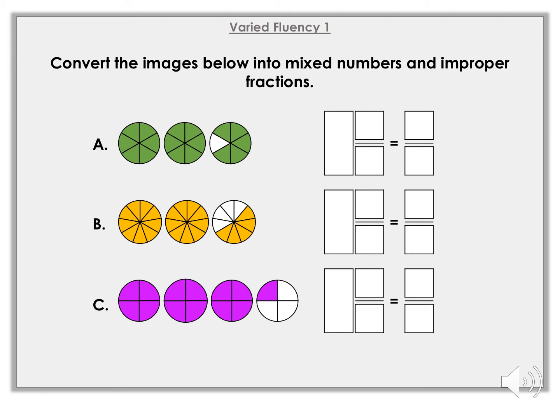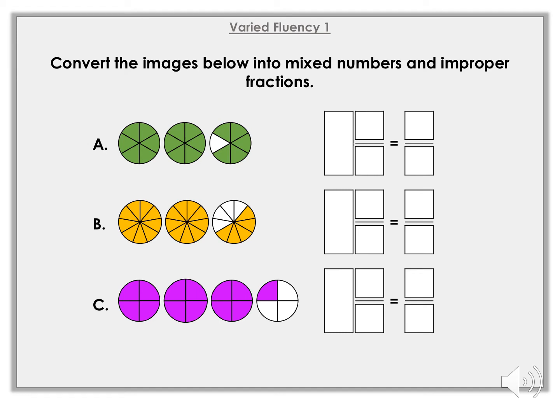The quicker way of doing that, you could have said 2, which is my wholes, times 9, the denominator. 2 times 9 is 18. Add 5 is 23. And that always goes over 9, what it's chopped into. So 23 over 9.